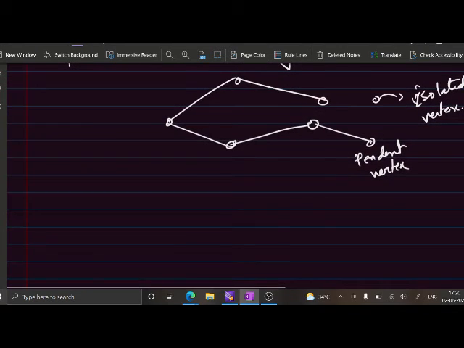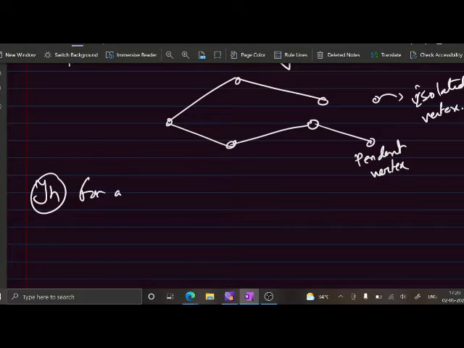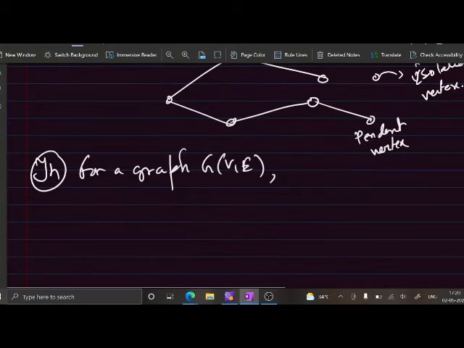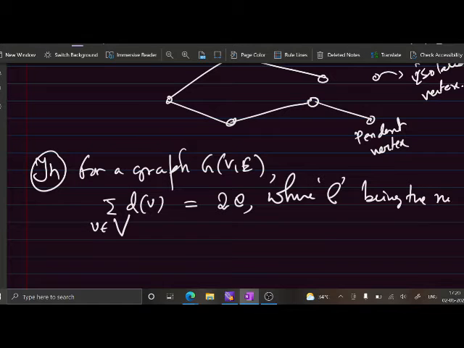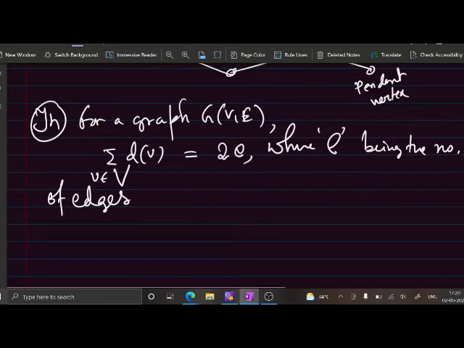Now we will have a theorem, which is a very important theorem. For a graph G(V, E), if you take the sum of the degrees of the vertices, then that will be an even number, that is, it is twice the number of edges, where E is the number of edges in the graph.